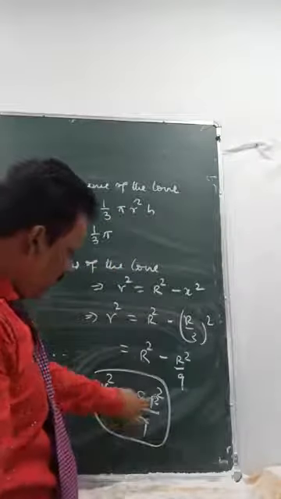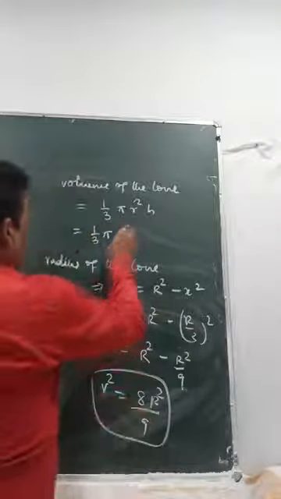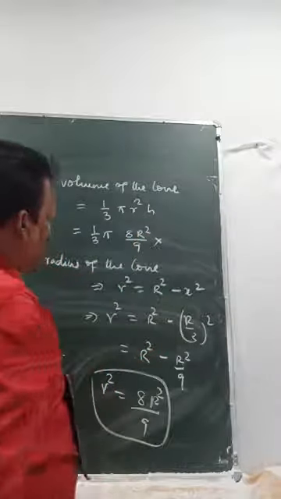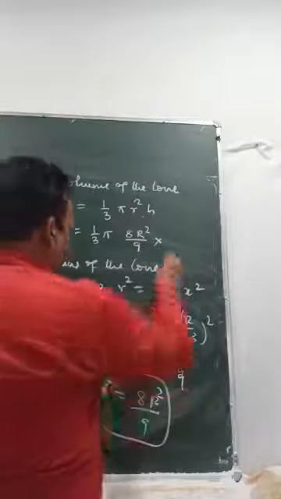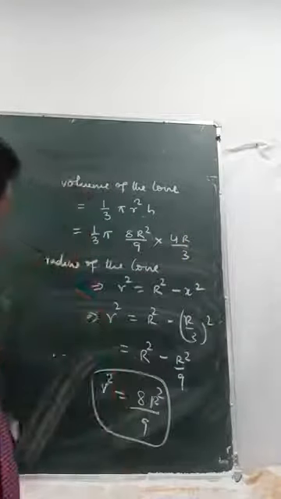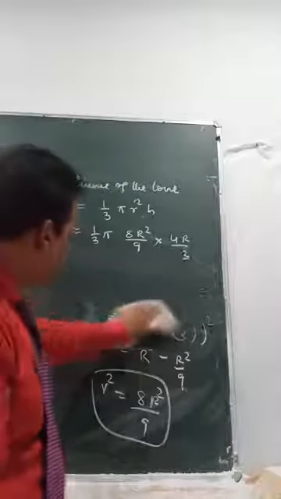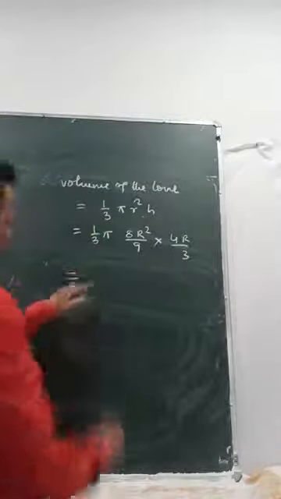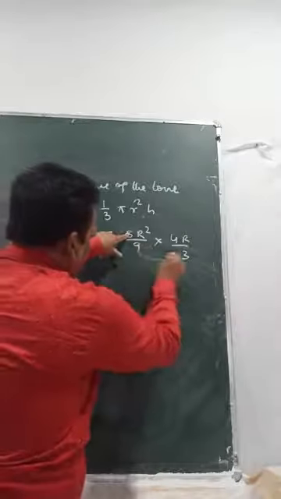You put 8R square by 9. 8R square by 9. H how much got? 4R by 3. Okay. Now look. 8 by 27 you take out.